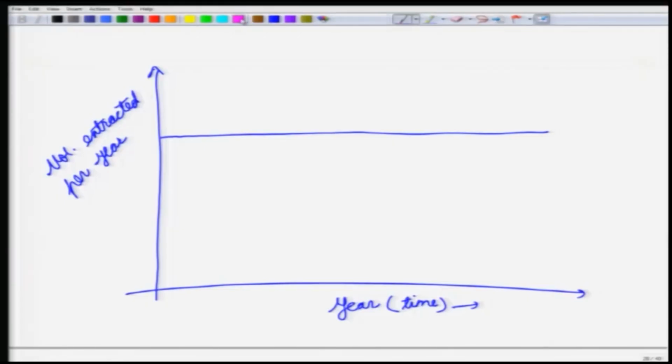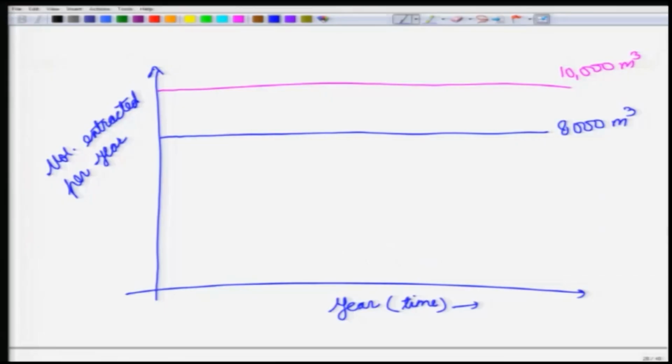So, what we are saying here is that suppose it is possible to extract say 10,000 cubic meters every year, but we are extracting 8,000 cubic meters every year. Now, from this forest it is possible to extract 8,000 cubic meters per year, but if we extracted 2,000 cubic meters more, even then it would have been a sustained operation. So, every year we could have gone with 10,000 cubic meters. So, why not go with that?